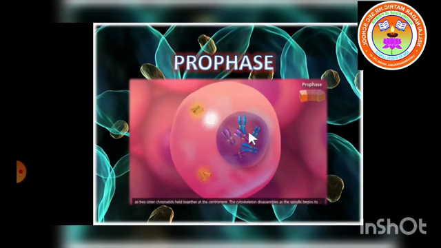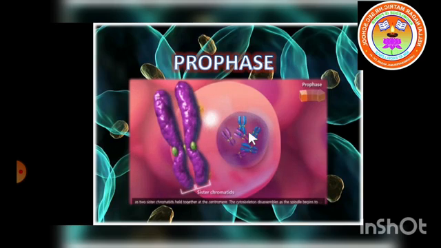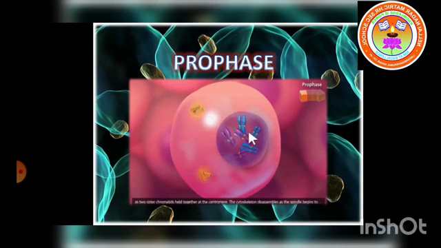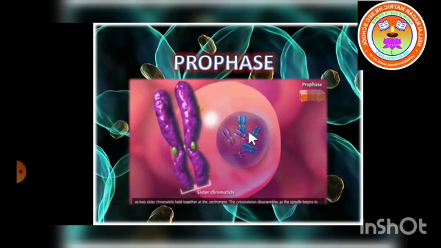Centrosomes split into centrioles and occupy opposite poles of the cell. Each centriole is surrounded by aster rays, and spindle fibers appear between the two centrioles.